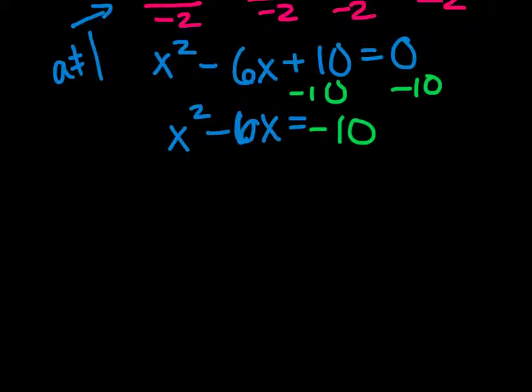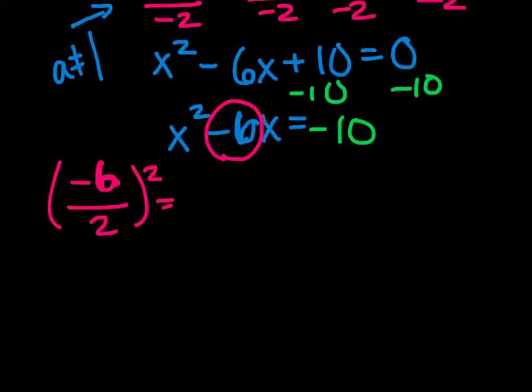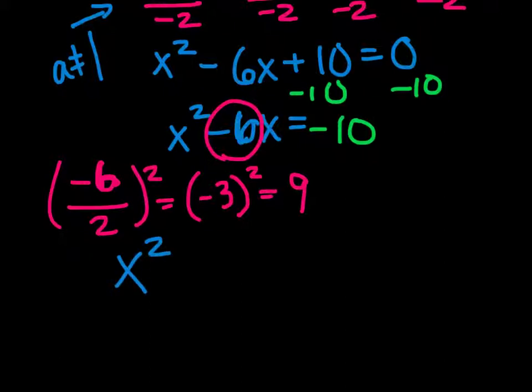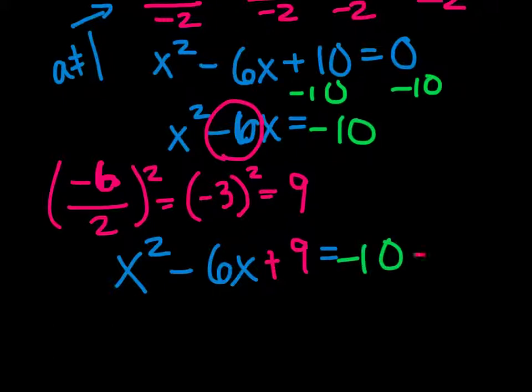Now we can identify our b term, negative 6, and we can say negative 6 divided by 2 squared. So negative 6 divided by 2 is negative 3, and we're going to square it, so we're going to get 9. So we then have x squared minus 6x plus 9 is equal to negative 10 plus 9.